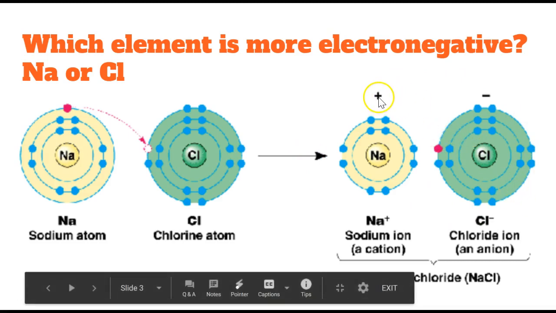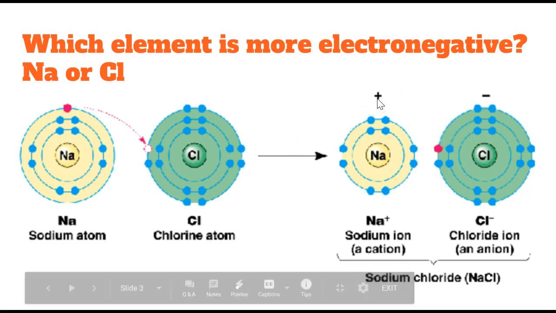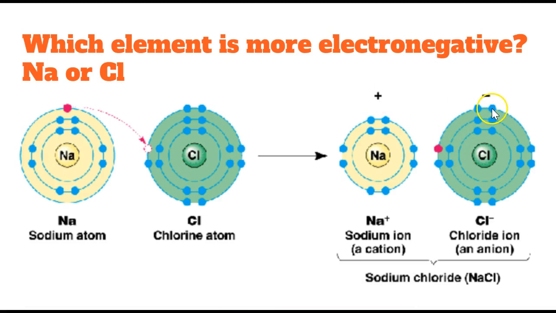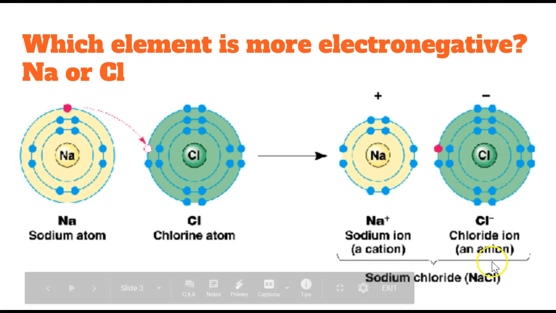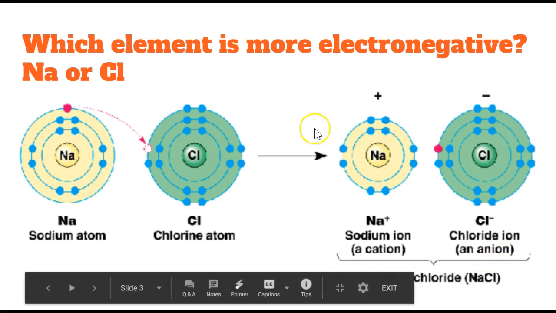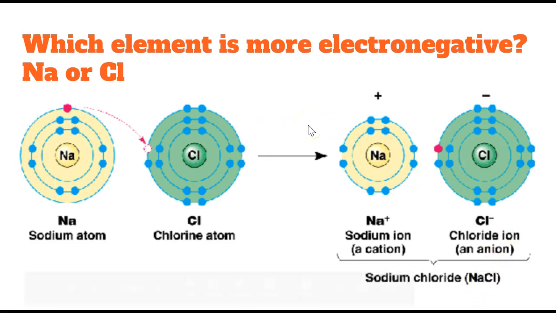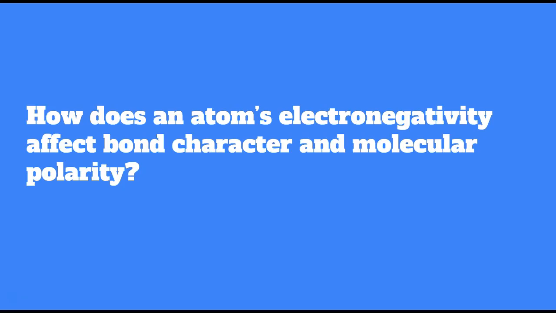As a result, we have sodium having a positive charge, chlorine having a negative charge, and these two are attracted to each other to create sodium chloride. This is an example that we have commonly used. What you're going to be doing is exploring how an atom's electronegativity affects the bond character, and then later we're going to talk about its molecular polarity.